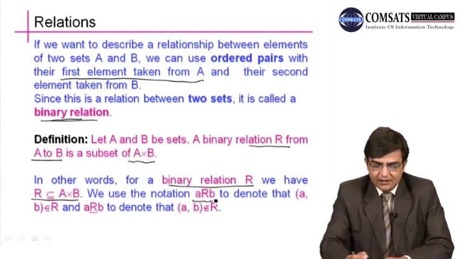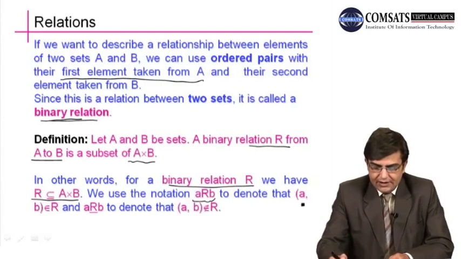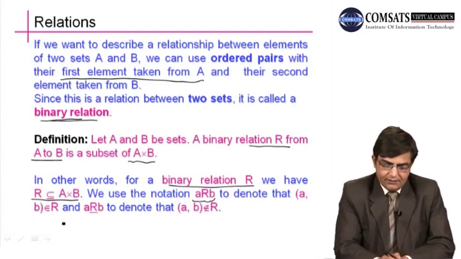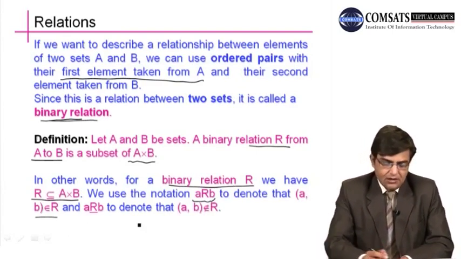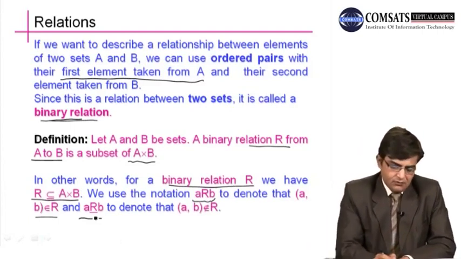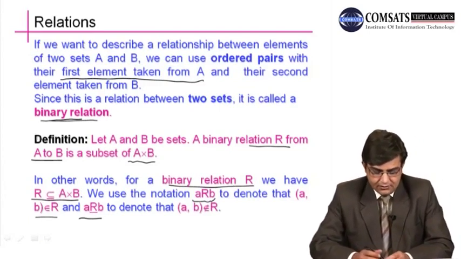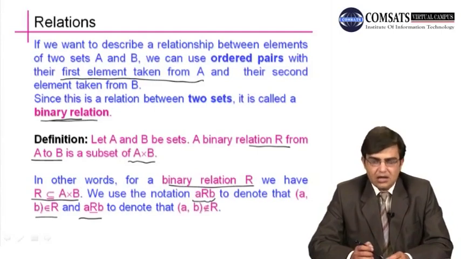If R is the relation, then we denote it by a R b, means a is related to b, or we write it as the ordered pair (a, b) belongs to R. And if a is not related to b, we write it as a R with a line through it, and we say that the ordered pair (a, b) doesn't belong to R.